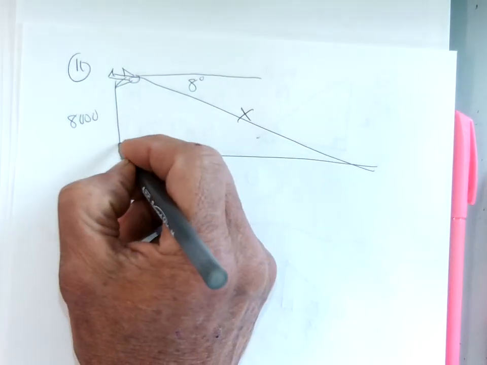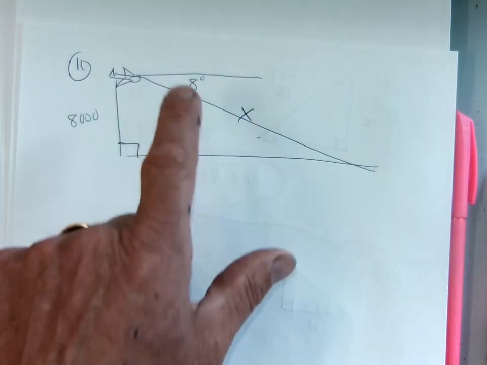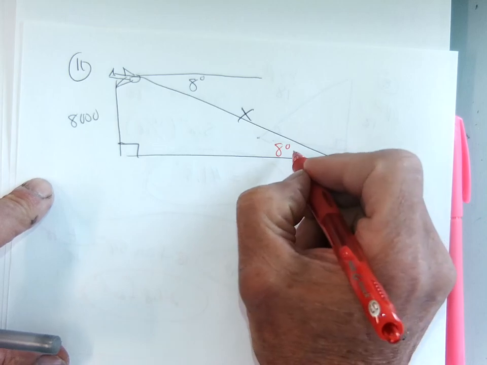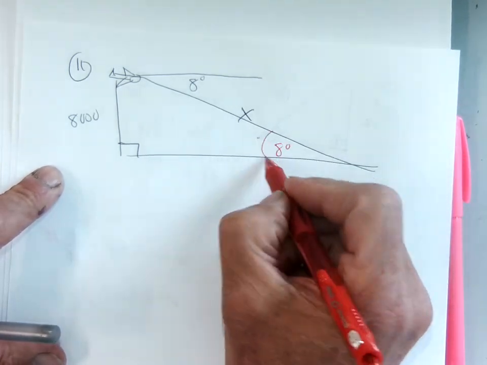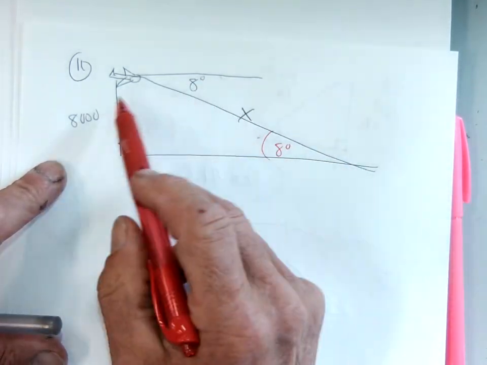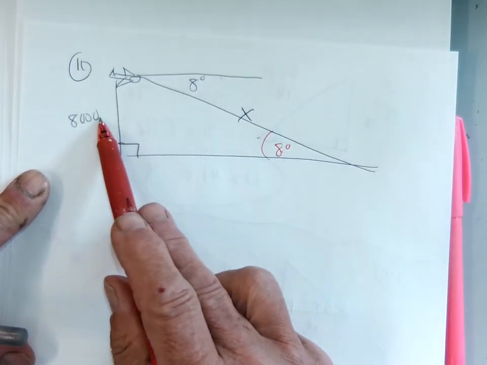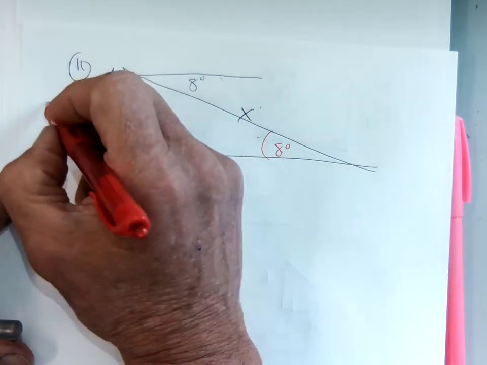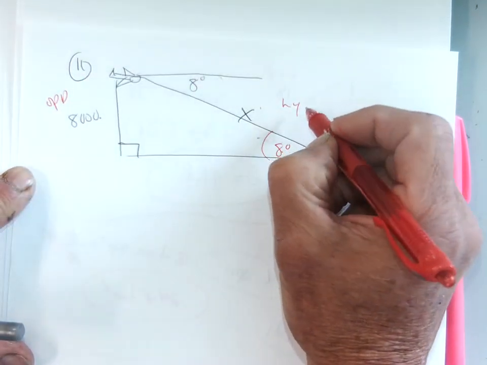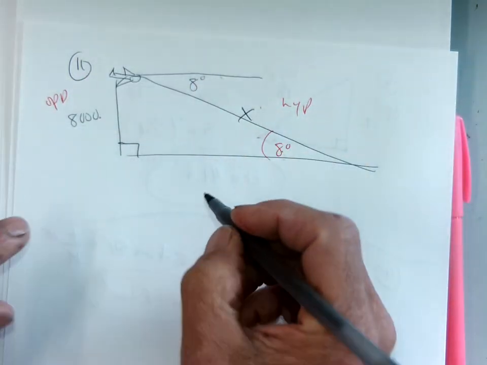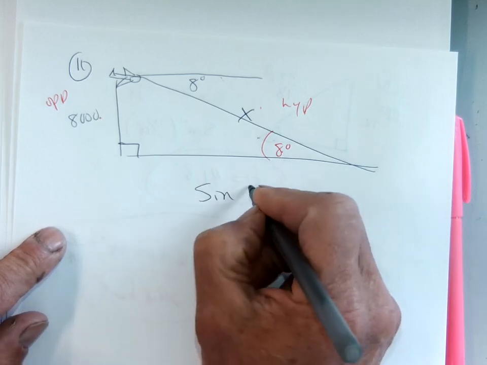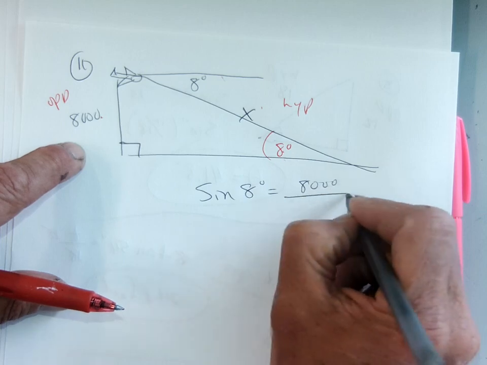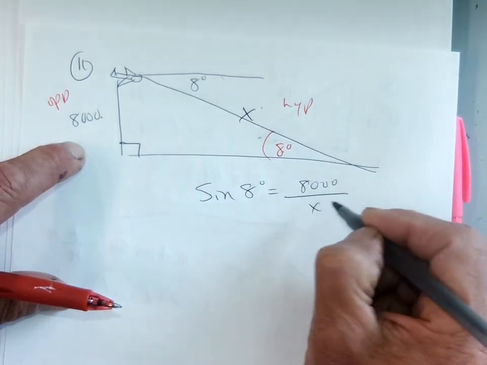Okay. Now, this 8 degrees is also here. These two angles are equal because of the parallel lines. So opposite, hypotenuse. Let's use sine of 8 degrees is equal to my opposite, which is 8,000, divided by my hypotenuse, which is x.